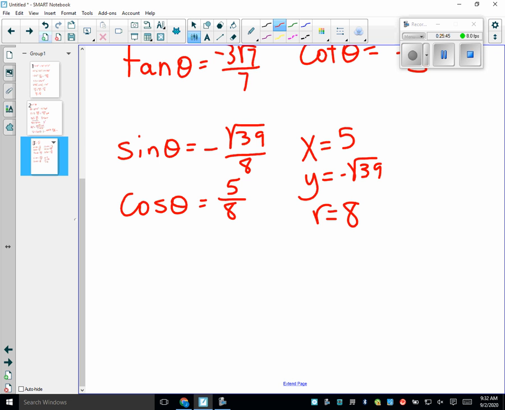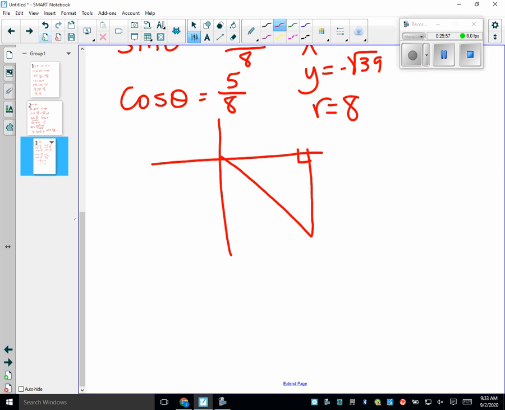So I better be in quadrant 4, because all students take classes and cosine is positive. We said x was 5, y is negative radical 39, and r is 8.